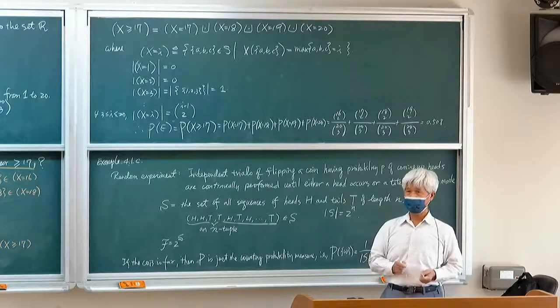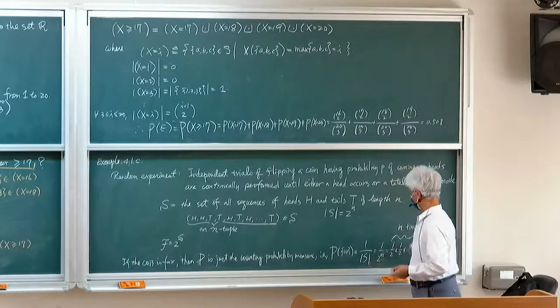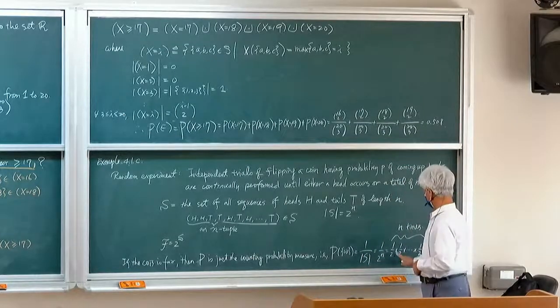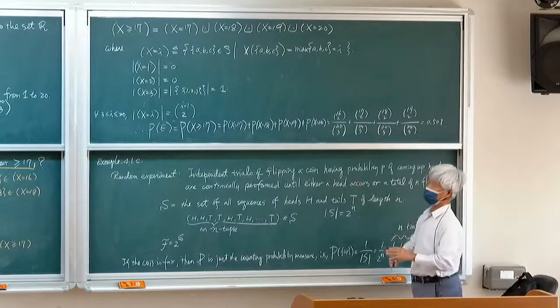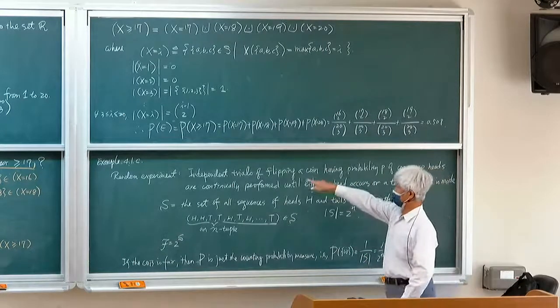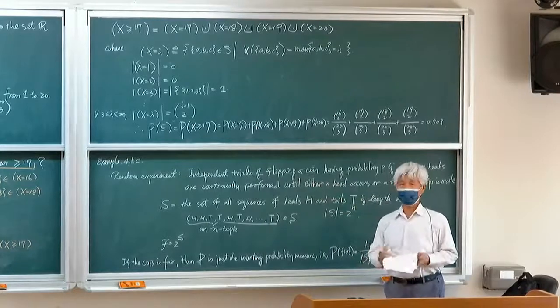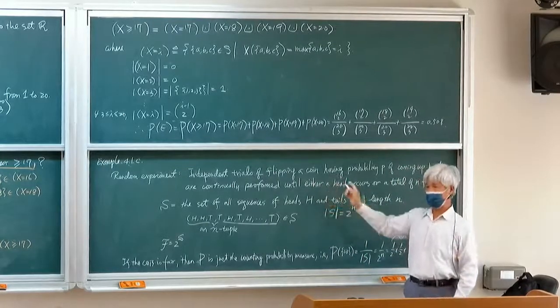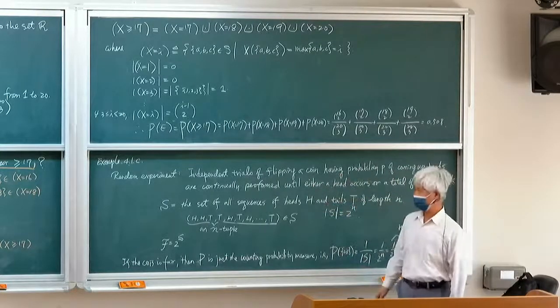And the product is from the independent trials. So this is the probability model we set up for such a running experiment.